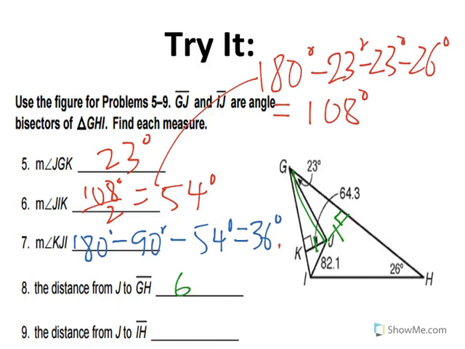So this would be 64.3. And we're looking for the distance from J to IH. Similarly, this is an angle bisector, which means that these two segments are congruent. So this is also 64.3.